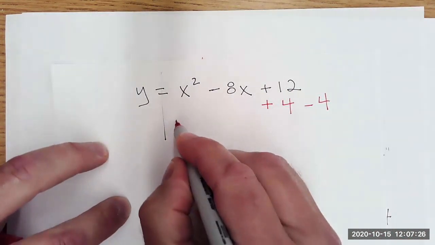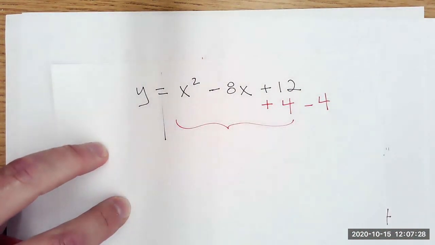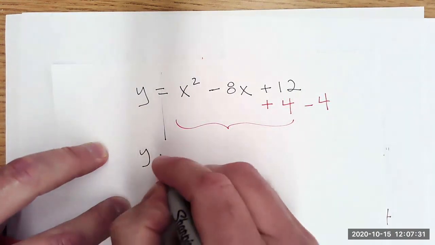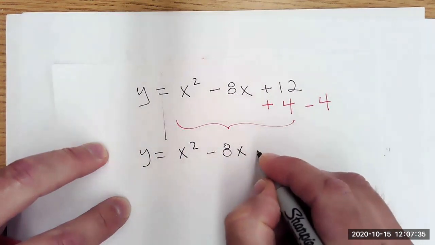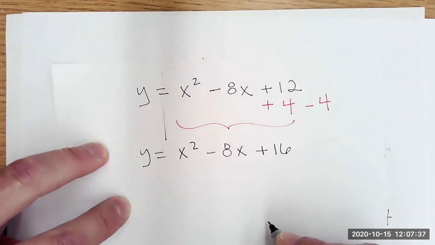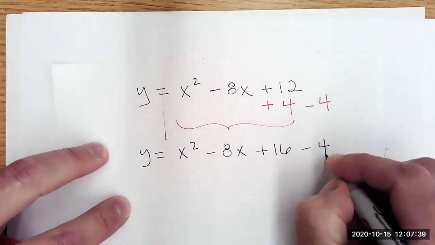Now, if I add these up, I get x squared subtract 8x plus 16 and subtract 4.